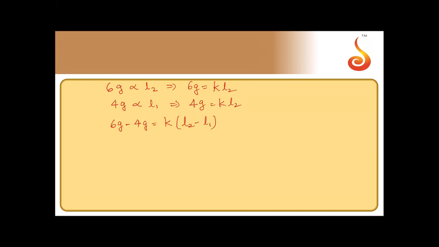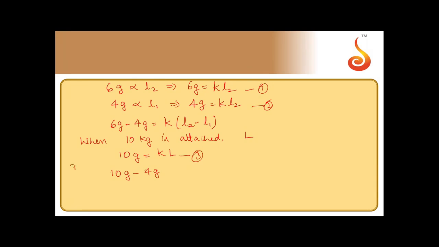So now when 10 kg is attached, let's say length is L. So 10 G should be equal to K into L. So 10 G minus 4 G, if I consider, we call this as 1, 2 and this as 3.